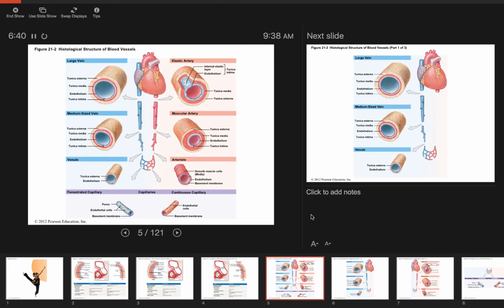For that reason, we call the arterioles the resistance vessels, because they're the ones that have the most control over your blood pressure, how much resistance there is against the blood flow. Because of vasoconstriction, there's going to be a lot more resistance on blood flow when that narrows down, right?